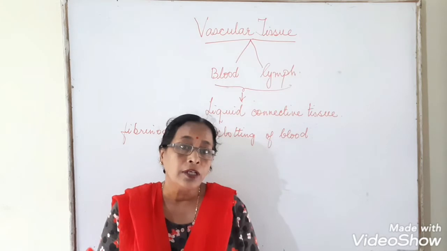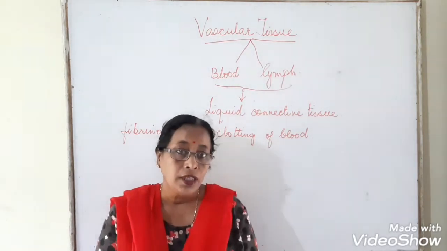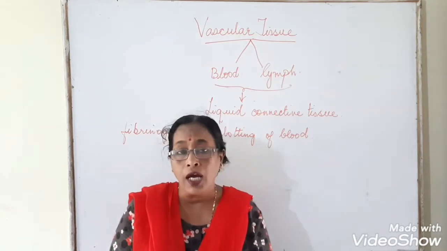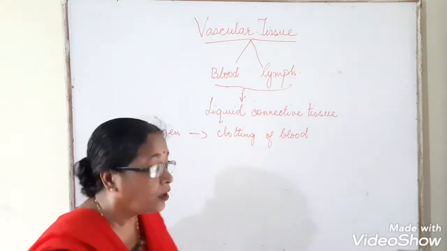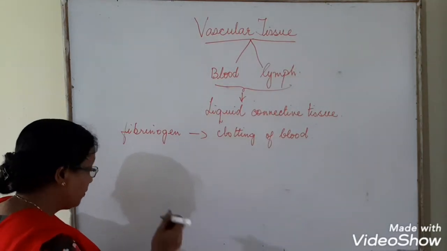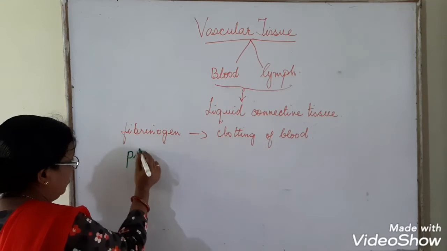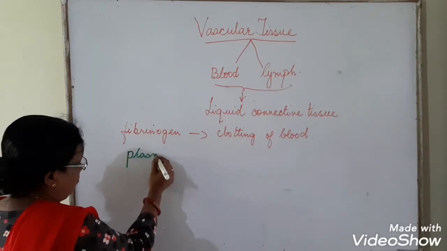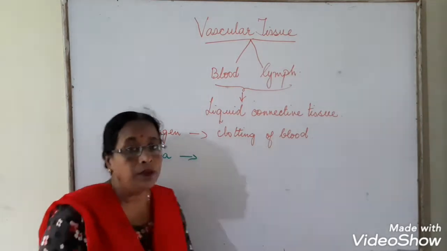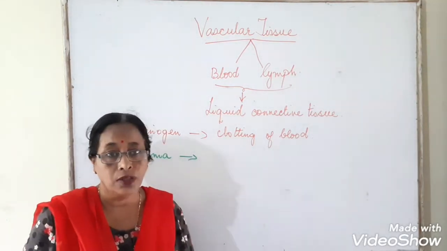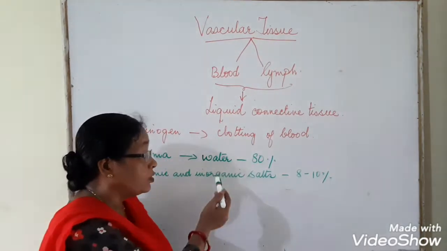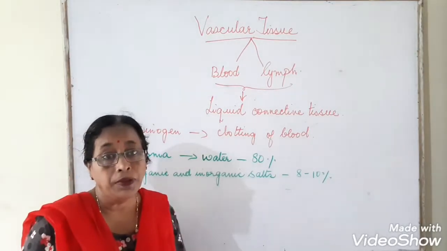Now, the blood comprises of two parts, the liquid part and the cellular part. The liquid part of the blood is known as plasma. Plasma mainly comprises of water, which is about 80%.